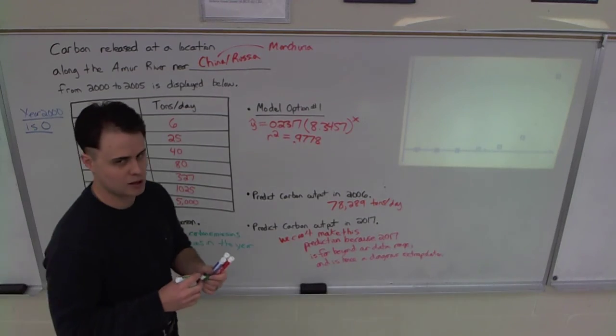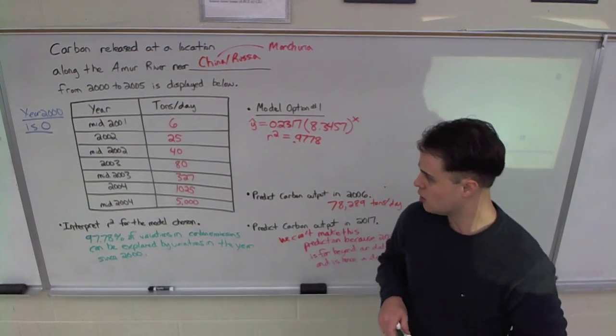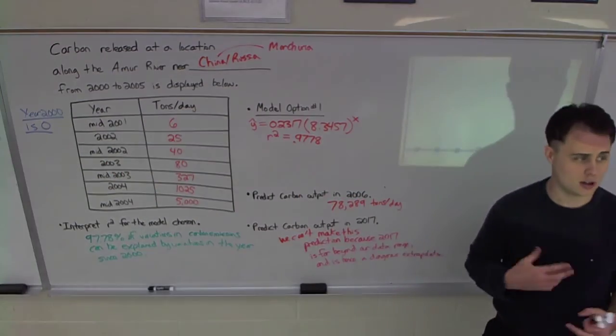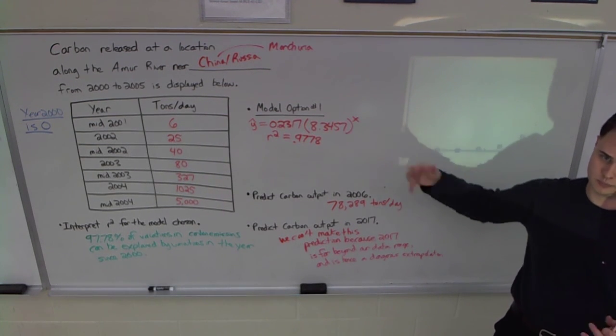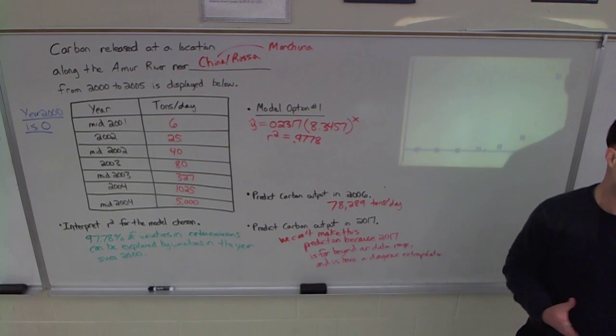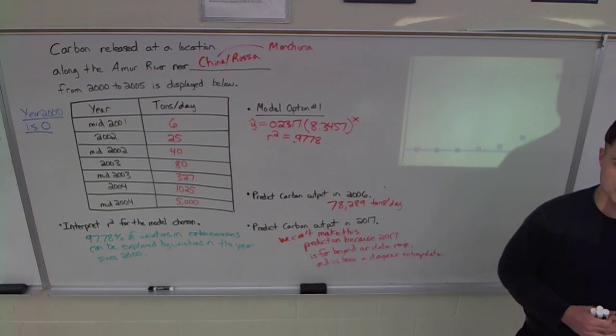You could also say that, another legitimate way to say that is 97.78% of variations in carbon emissions can be explained by the exponential model. Okay? And the cubic model would have done just about equally a good job. So you could have picked it as well. All right, I'll see you next time.